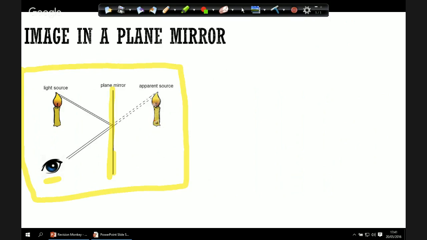And because it's not a real image, because the candle isn't really behind the mirror, we would call this a virtual image. But that virtual image is also upright, so it's not flipped up like you would see in a camera, but it's upright, and it is also the same size as the original candle.